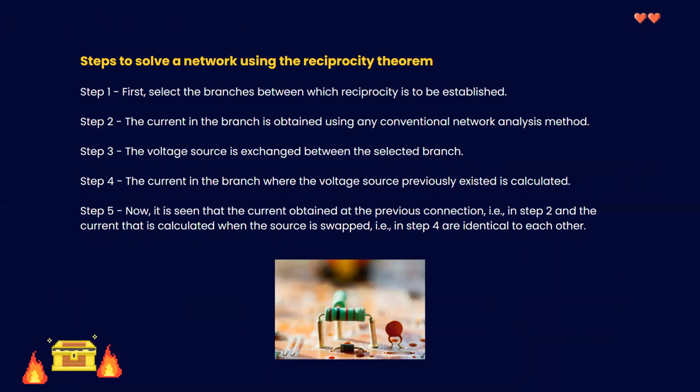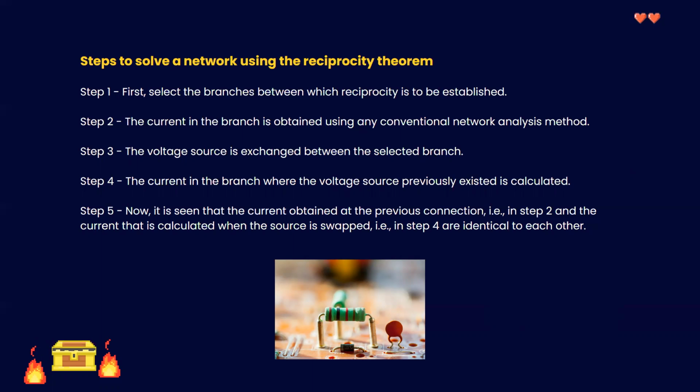Steps to solve a network using the reciprocity theorem. Step 1. First, select the branch between which reciprocity is to be established. Step 2. The current in the branch is obtained using any conventional network analysis method. Step 3. The voltage source is exchanged between the selected branches.